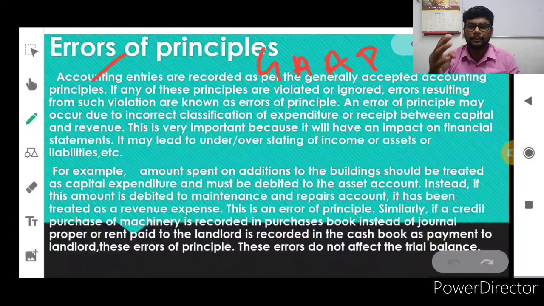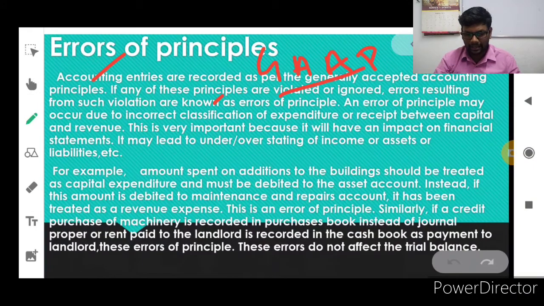You know the basic rules, golden rules, personal account and impersonal account, real account and nominal account, you know that, right? And if any of these principles are violated or ignored, errors resulting from such violation are known as errors of principles. If any of the entries violates the rules and regulations of this GAAP, that is an error of principles.